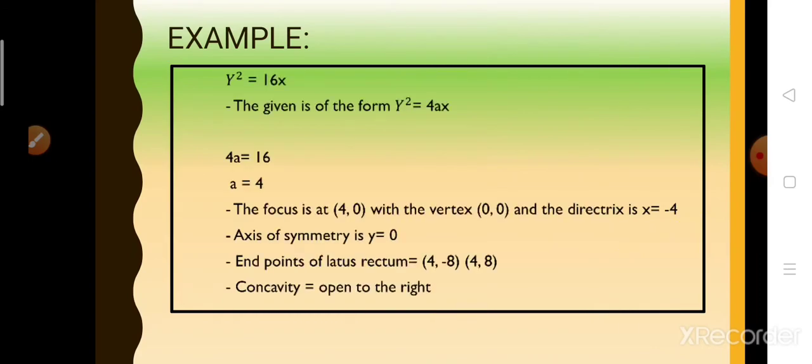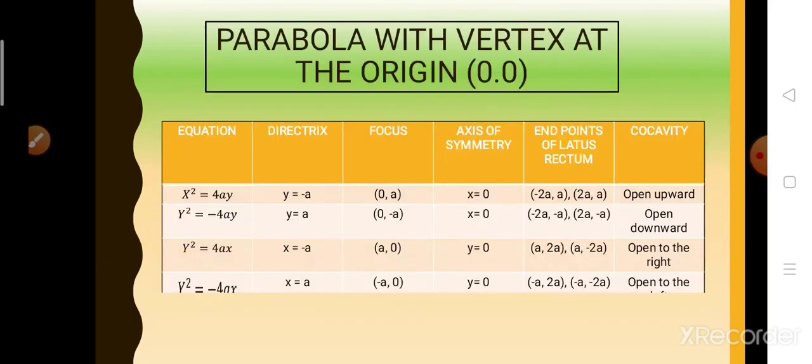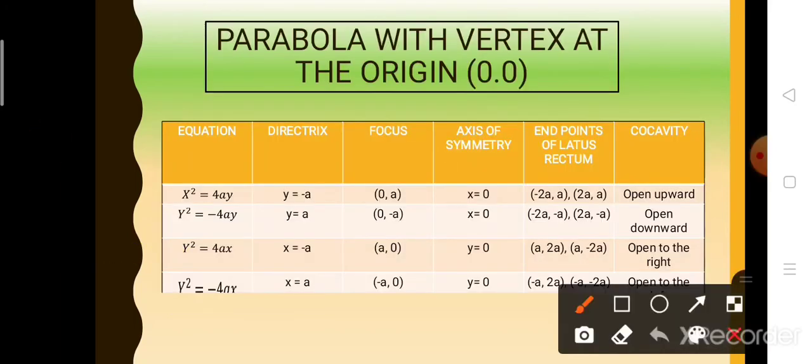Example: y squared is equal to 16x. The given is in the form y squared is equal to 4ax. So in these properties, we use this equation, y squared is equal to 4ax.